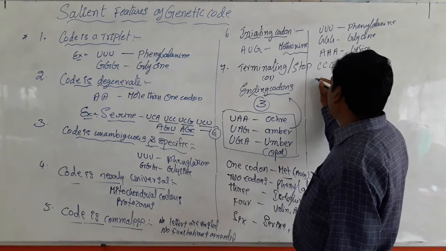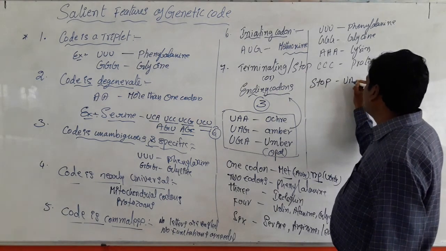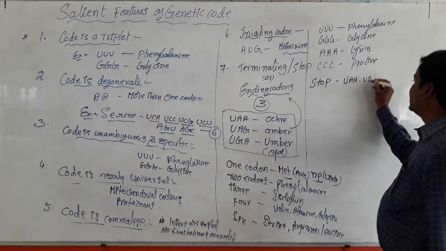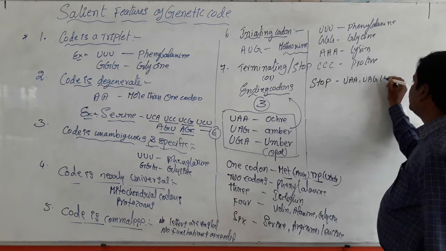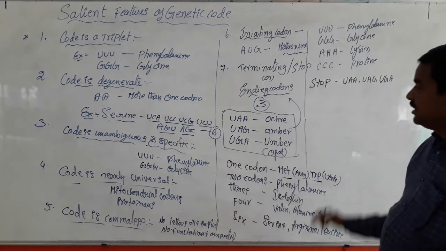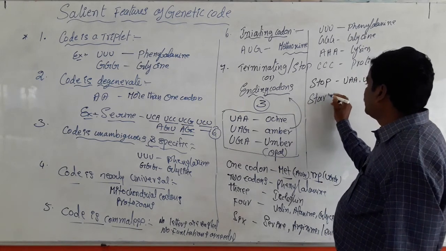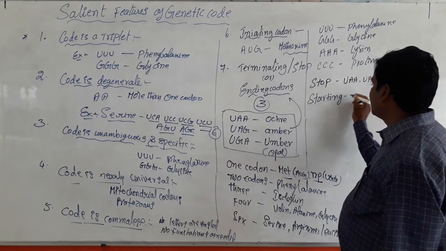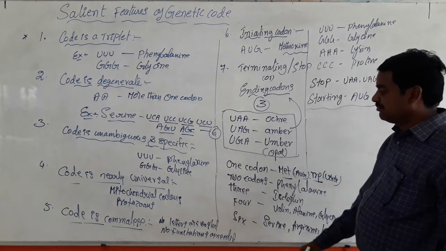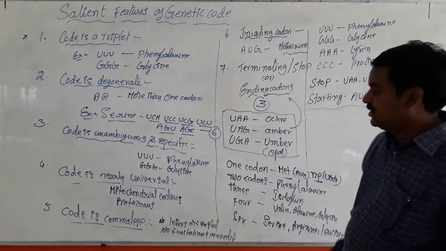Similarly, the stop codons are UAA, UAG, and UGA. They are considered as stop codons. Similarly, the initiating or starting codon is AUG. So these are the important lines from the codon table.